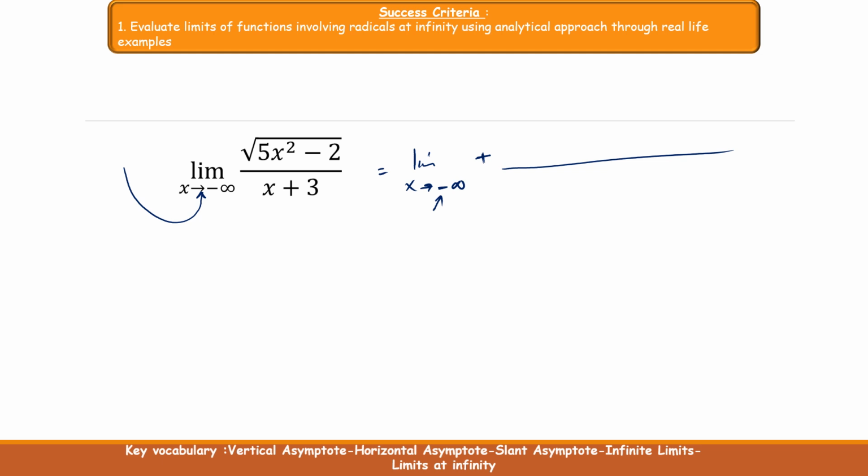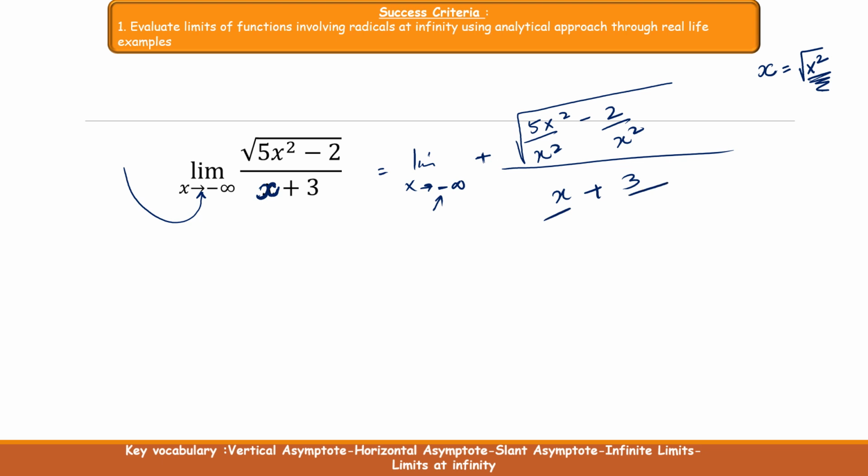The variable with the highest degree in the denominator is x, with degree 1. But when I write it with the square root, it will give me x square. In the numerator, I have a square root, so I will divide by x square. But in the denominator, I don't have the square root, so I will divide by x.